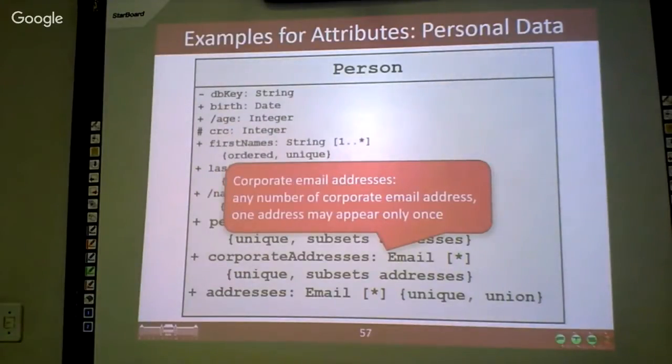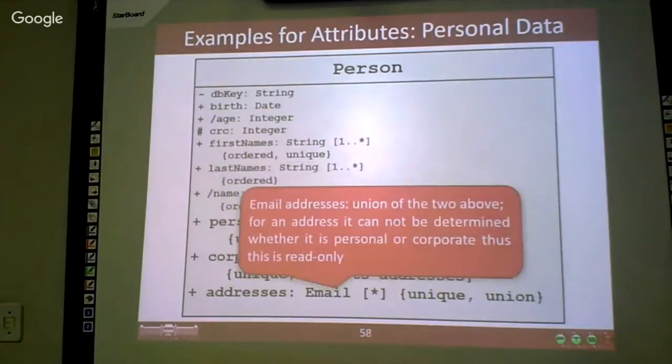And the corporate email addresses, you can also have any number of corporate email addresses, and one address may appear only once. So it's unique. And it is a subset of the addresses. So the addresses is the union of the two above. And because for an address, it cannot be determined whether it is personal or corporate, thus it is read only.